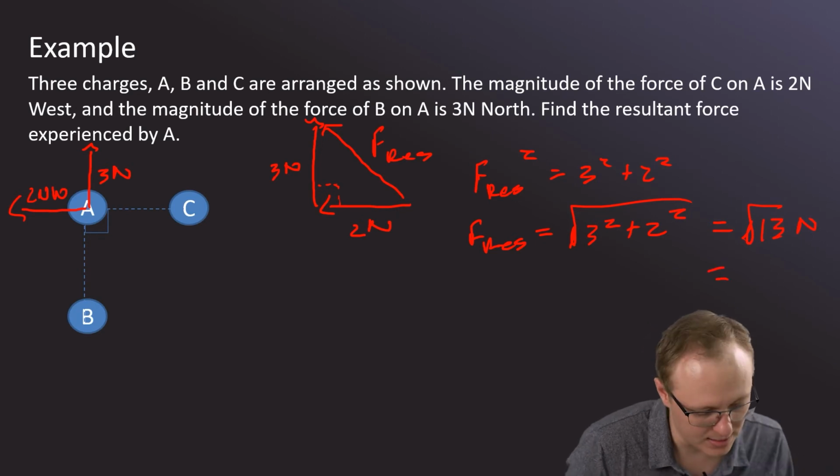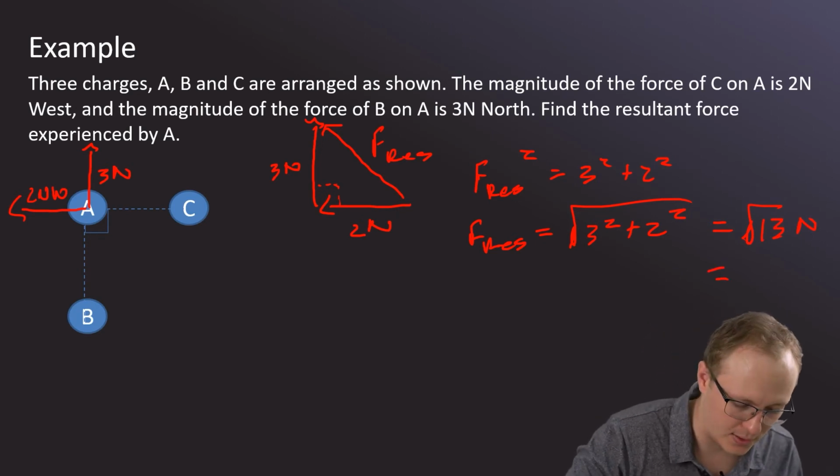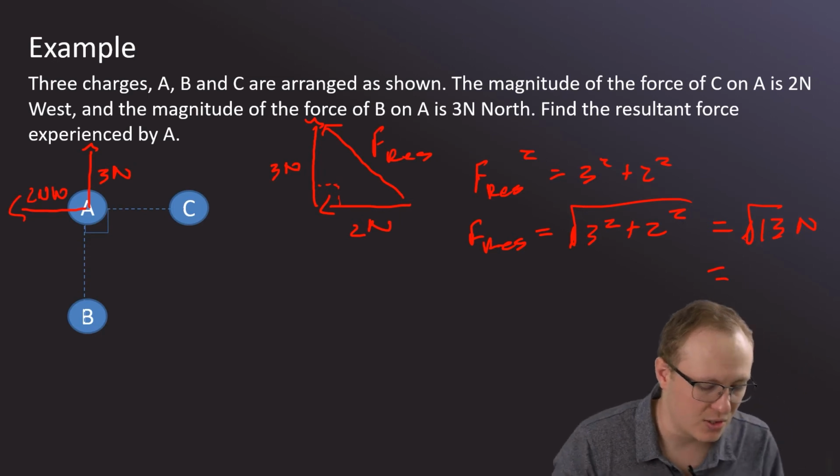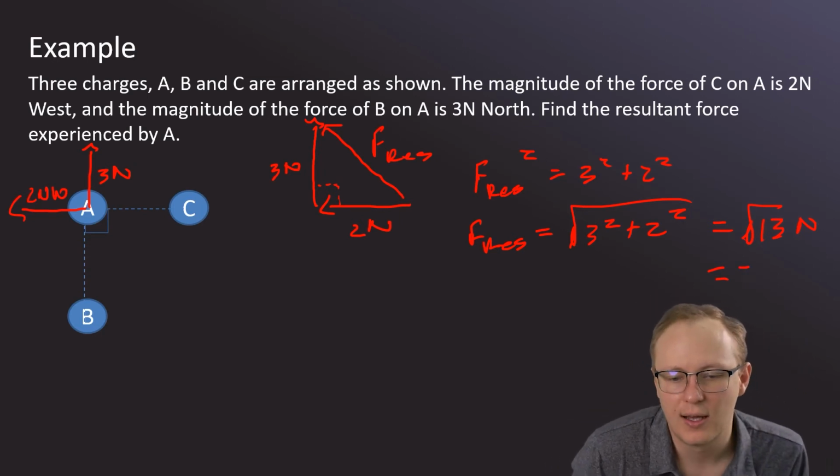But since we're doing science, we tend to like to put things in decimals. Easier for us to wrap our heads around that, and that's going to be 3,61 newtons.